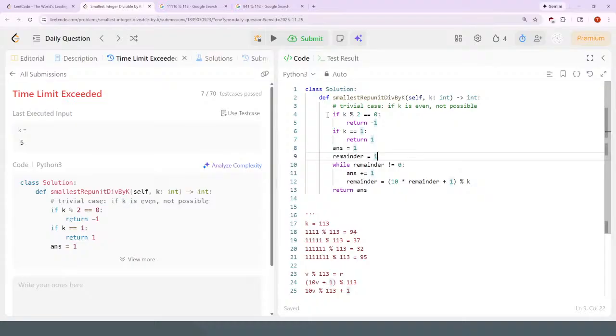How do you detect if it's impossible? I think if it's impossible, there's some sort of pattern. Is 5 the only thing that's impossible?